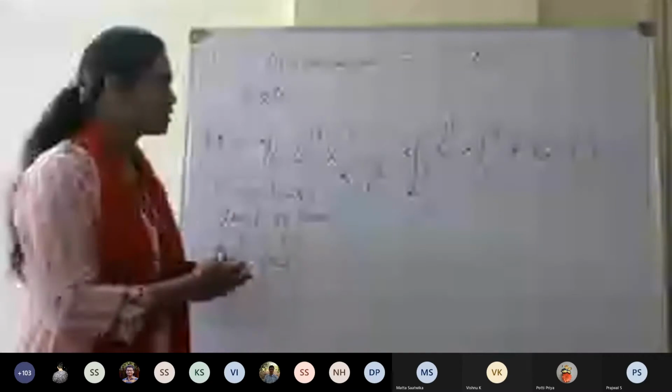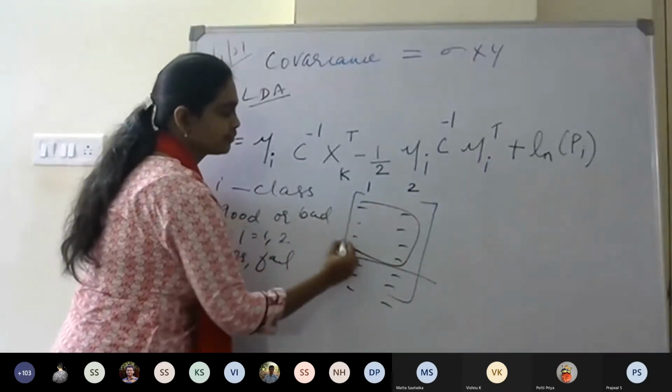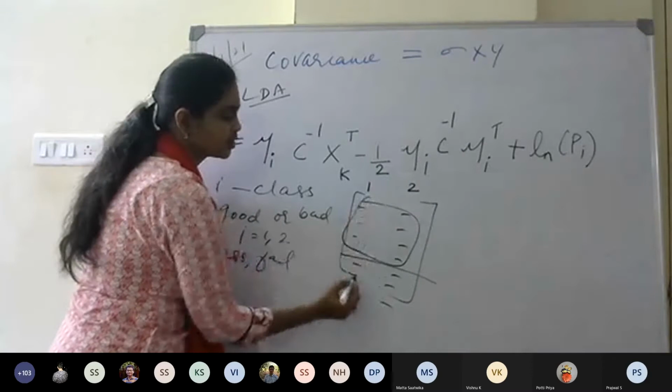Now for all the category 1, I will take, say I have elements 1, 2, 3, 4. So you will have a 4 cross 2 and then 3 cross 2. So for all this, I will take a mean. Similarly, for this, I will take a mean.